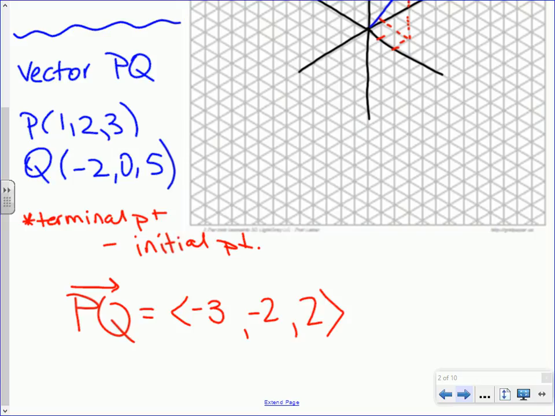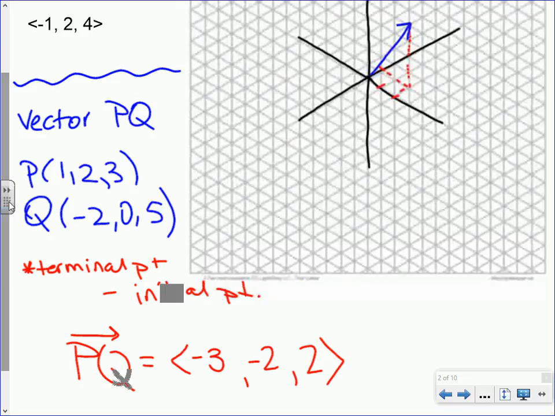So if we map that out, negative 3, negative 2, and then up 2 would be that coordinate. In standard position, that would be our vector. All we've done is plot the point and draw the vector from the origin to the coordinate.